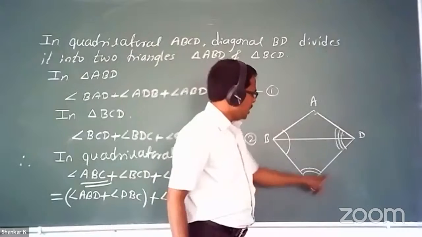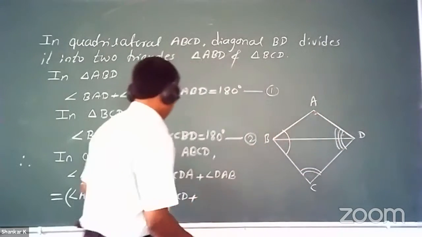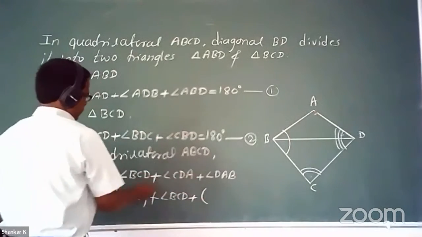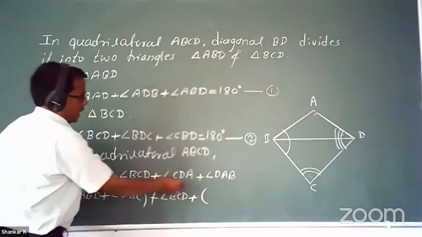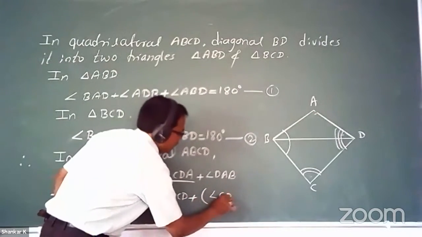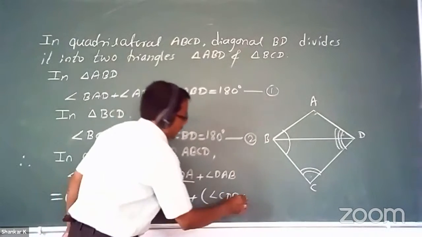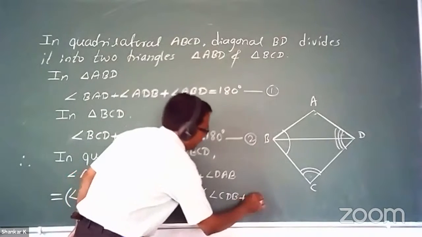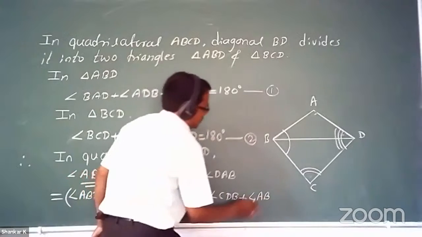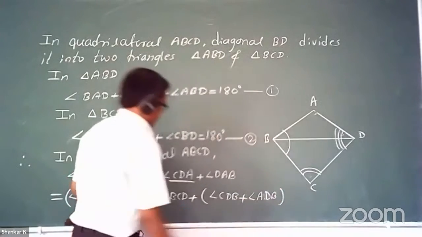CDA is CDB plus ADB. So CDA equals angle CDB plus angle ADB.